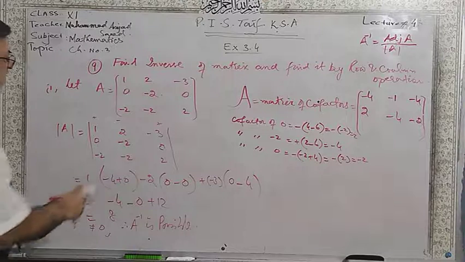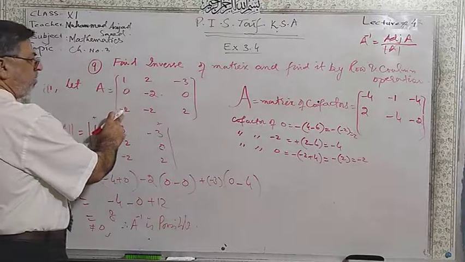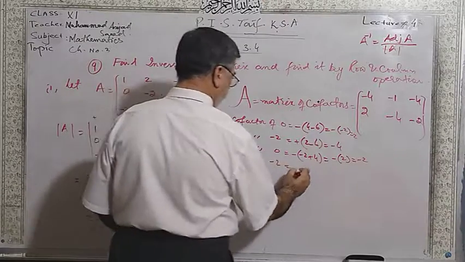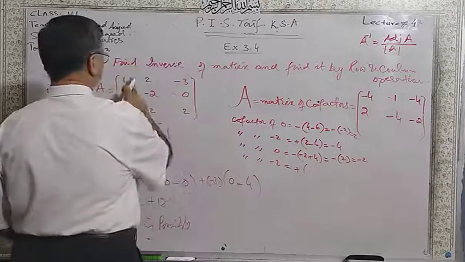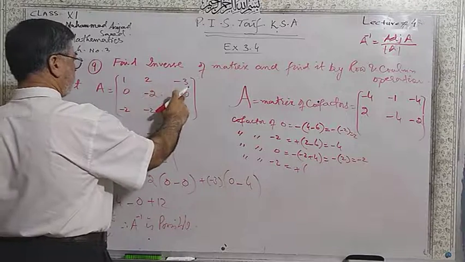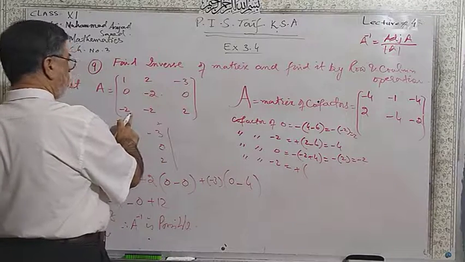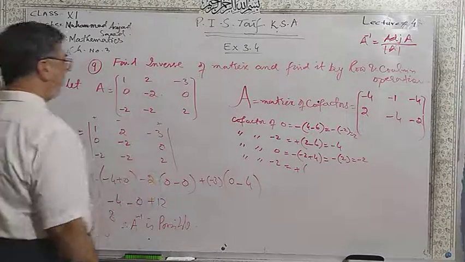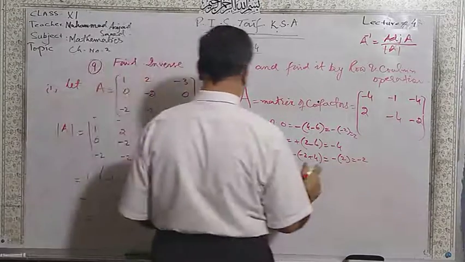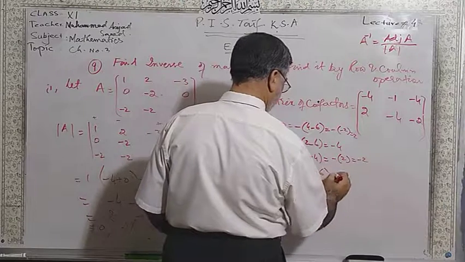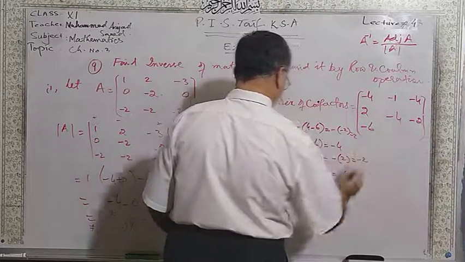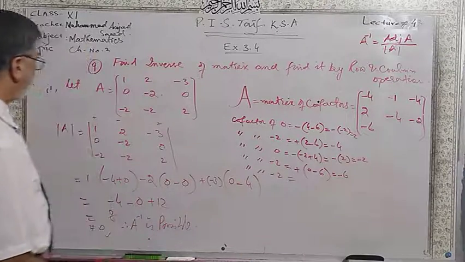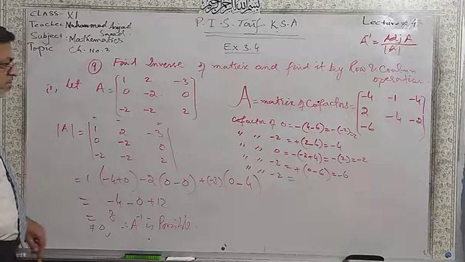After that, this one. The cofactor of minus 2. Plus. The signs alternate: plus, minus, plus. Then remove this row and column. 0 minus 6. That will be minus 6. After that, again the cofactor of this minus 2.